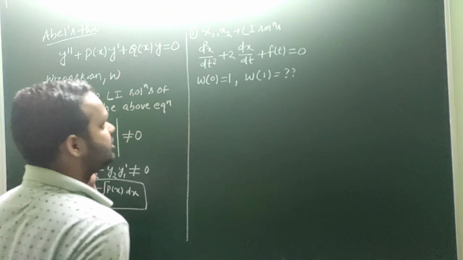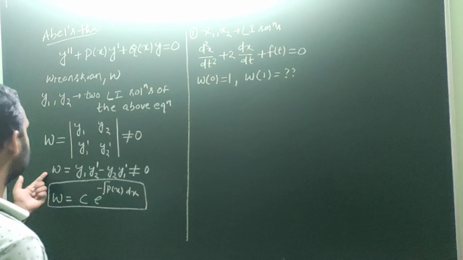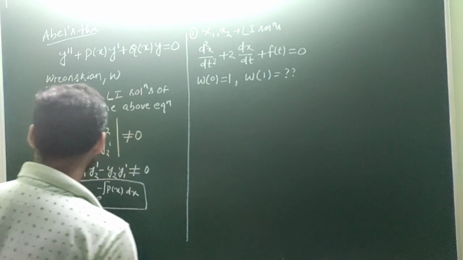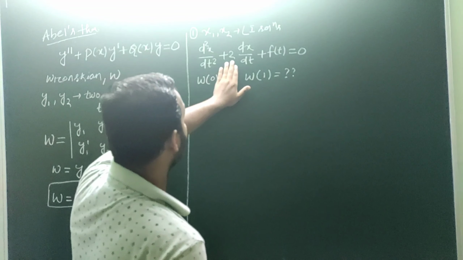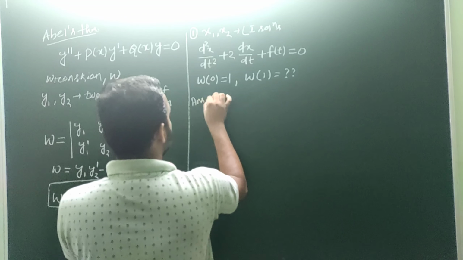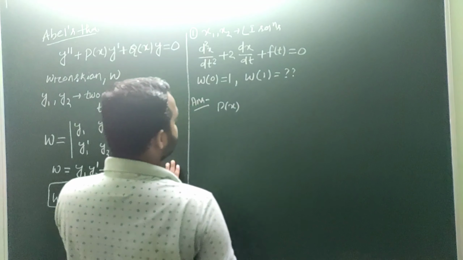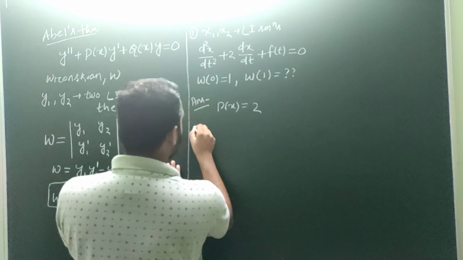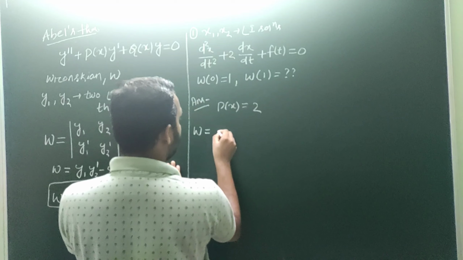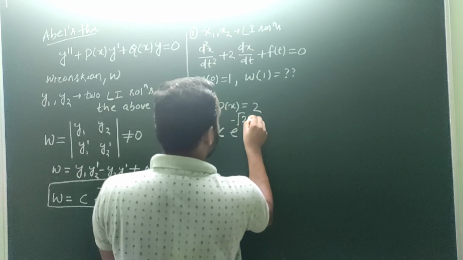This is the question. Now I just told you, you just need two formulas to find the Wronskian. So here you can see p of x is 2. Here I am solving this problem. So p of x is 2, it is given, right? So for finding the Wronskian, W can be written as some constant C e to the power minus integral of p dx.